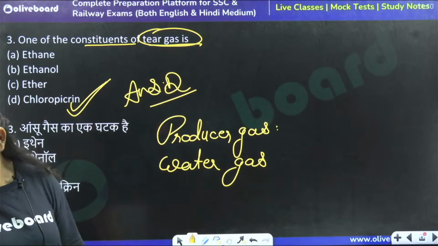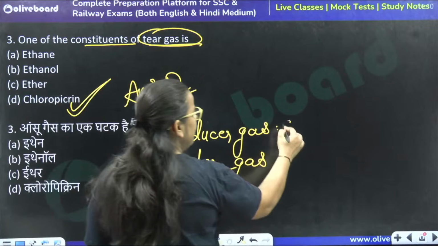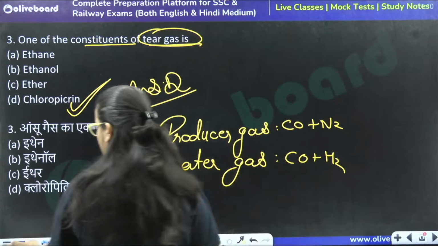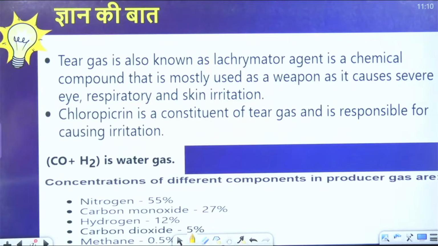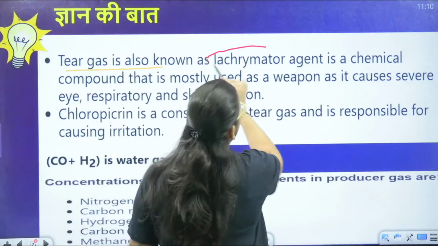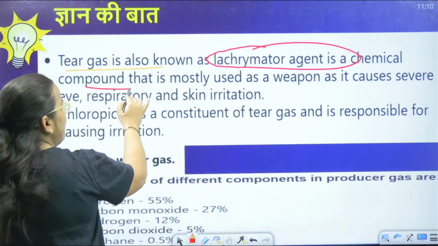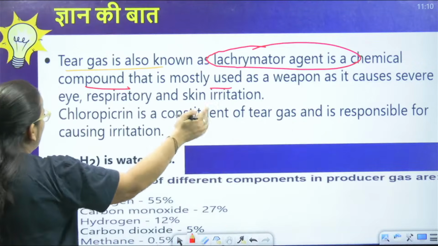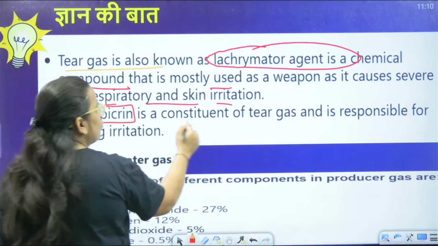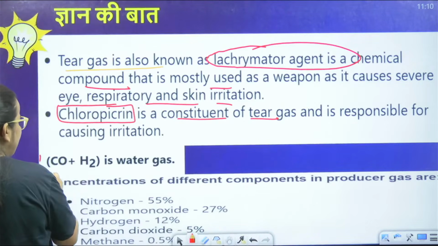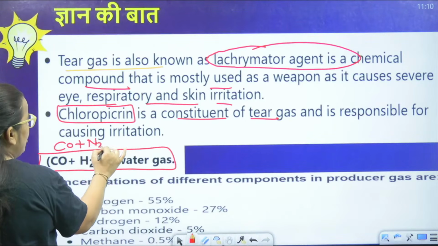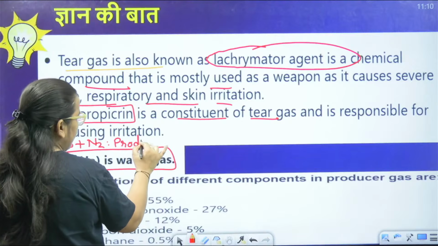Carbon monoxide and nitrogen, and carbon monoxide plus hydrogen. Now tear gas is also known as a lachrymator agent, a chemical compound that is mostly used as a weapon. It causes severe eye, respiratory and skin irritation. Chloropicrin is a constituent of tear gas. CO plus H2 is water gas, and please keep in mind CO plus N2 is producer gas.